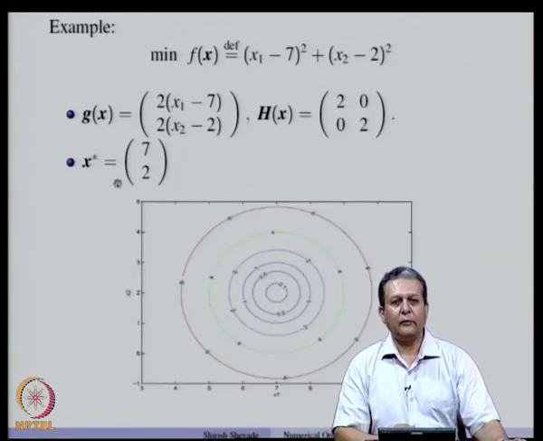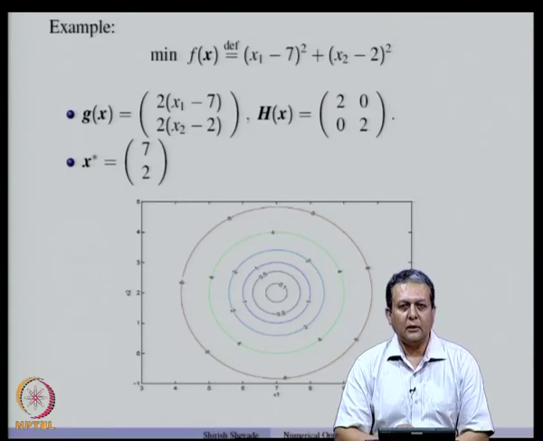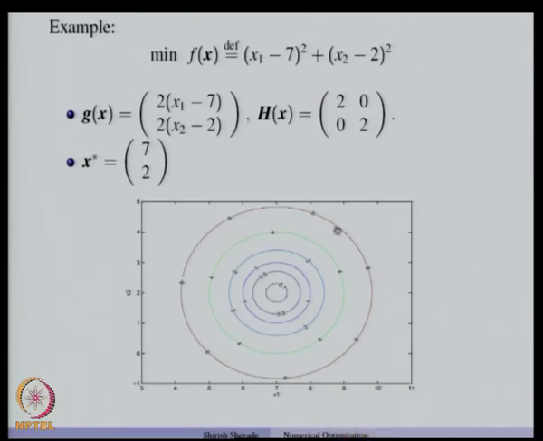So, x star is a local minimum. If you look at the contours of this objective function, this curve corresponds to the objective function value of 8, and then the value comes down to 4, 2, 1.5, and finally at the point 7, 2 we have the minimum of the objective function.